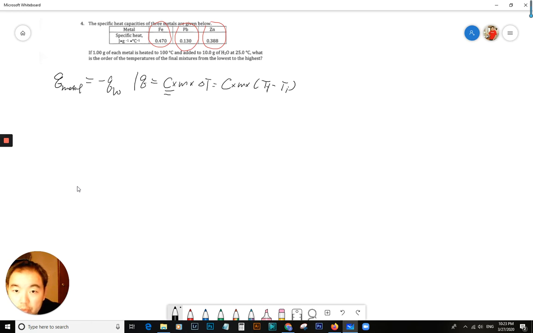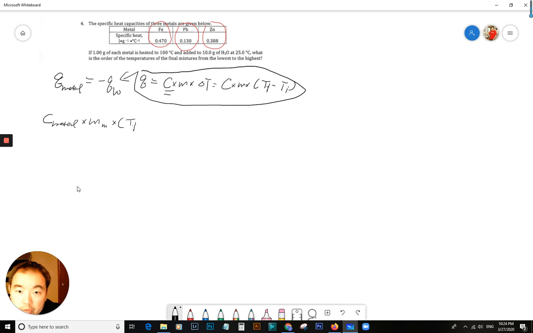If we put this equation into the first equation, then we get the specific heat of the metal times the mass of the metal times the final temperature of the metal minus the initial temperature of the metal should be equal to negative the specific heat of the water times the mass of the water times the final temperature of the water minus the initial temperature of the water.